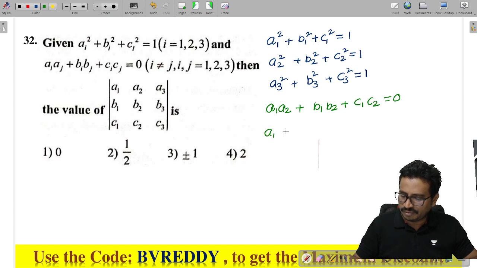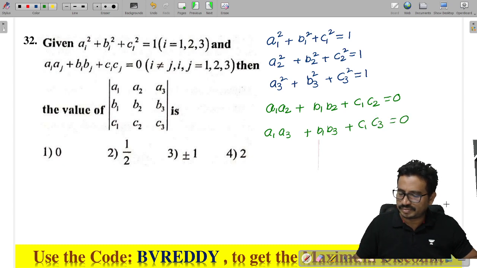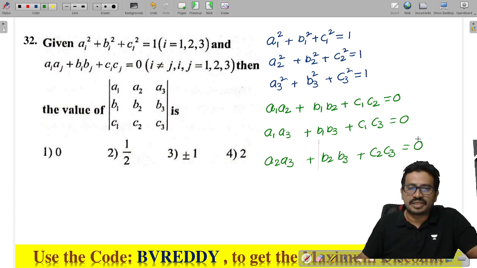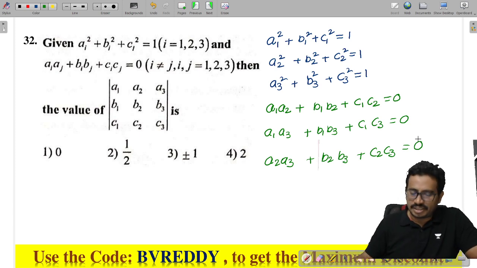Next, a1 a3 plus b1 b3 plus c1 c3 is 0. Next, a2 a3 plus b2 b3 plus c2 c3 is also equal to 0. Like this we can write the things.